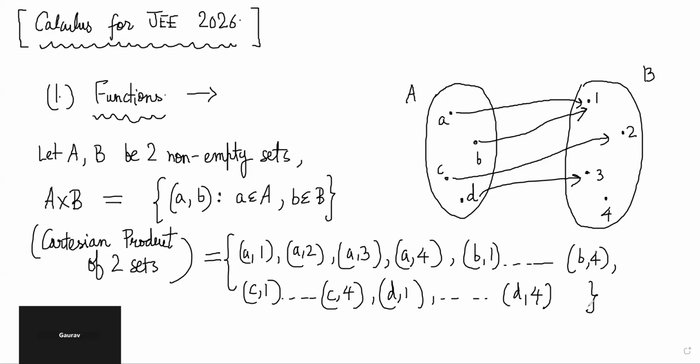Yes, sir. So the set of ordered pairs is called the Cartesian product of two sets. And if set A has m elements and this has n elements, then the number of ordered pairs here is mn. In our case, m and n were both 4, so 16 ordered pairs would have come, right? So this is your Cartesian product.